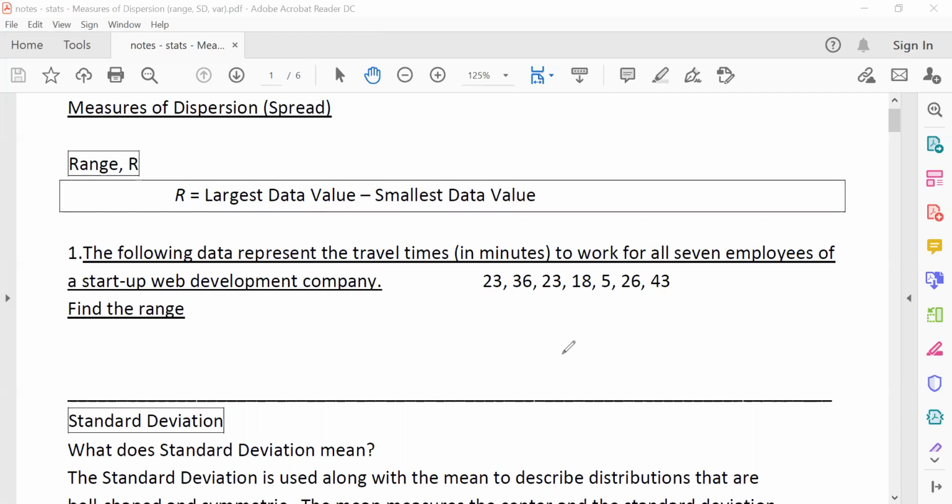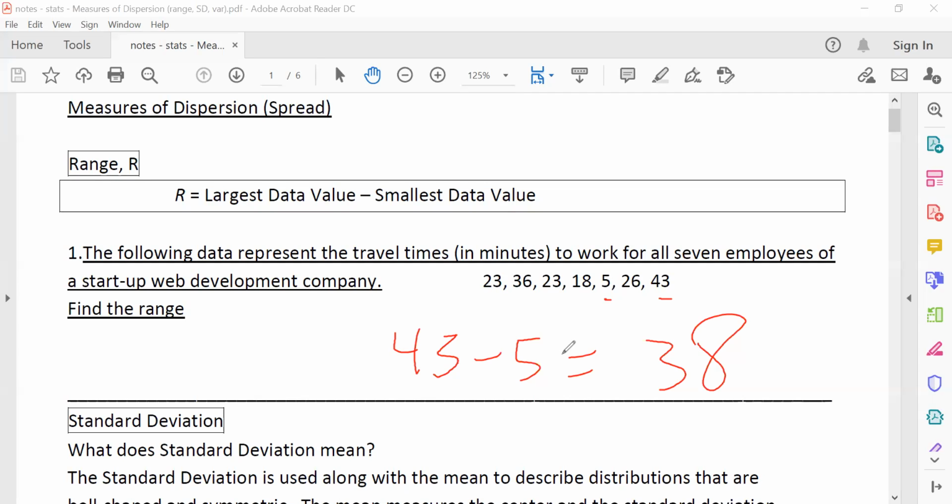Here, we see that the largest data value is 43, the smallest data value is 5, so the range is just 43 minus 5. That's all it is. The range is 38. That's literally the simplest thing we'll probably do all semester.